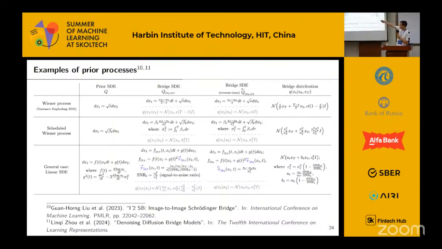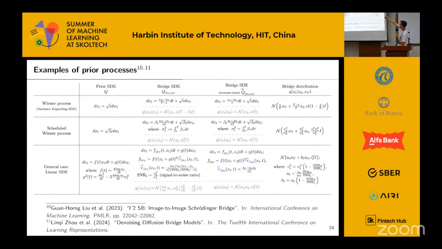For this process, it is of course probably the most well-studied stochastic process ever. Everything is known analytically. Its bridge process, which is needed for bridge matching, for Markovian projection, is known analytically, so it can be written in this way. Its transition probabilities are known analytically. These are some normal distributions with particular coefficients.